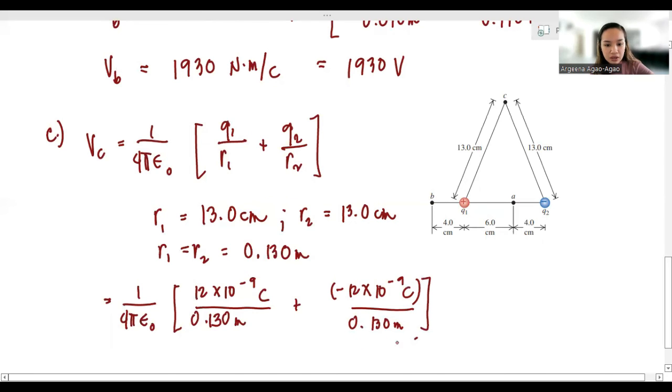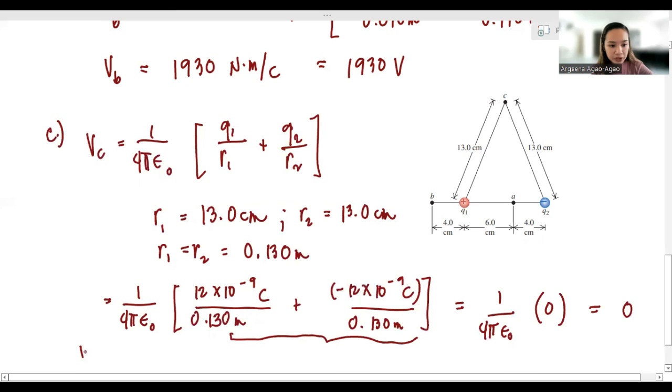So you can calculate this first in your calculator. You will actually obtain 0. So 1 over 4 pi epsilon naught times 0 will also give us 0. So the electric potential at point C is actually 0.